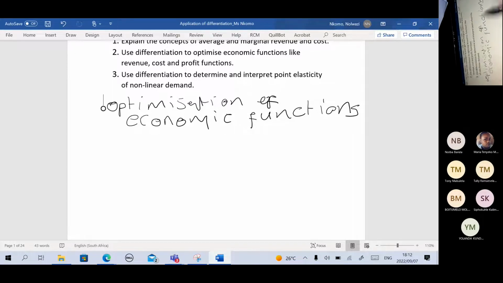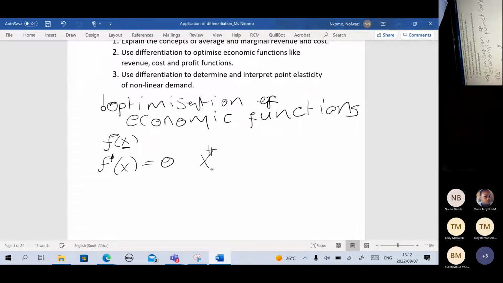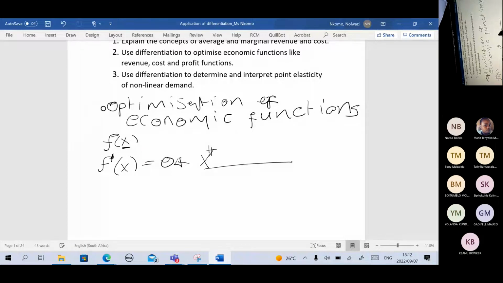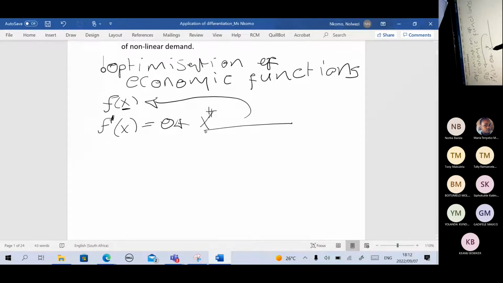Let's say our function was f(x). To find the points where the graph has a turning point, you differentiated once, equated to 0, and then solved for x. Those x values that you find, we call the turning points of f(x). Then to find the nature of a turning point, you differentiated f(x) twice, meaning you find the second derivative of f(x).